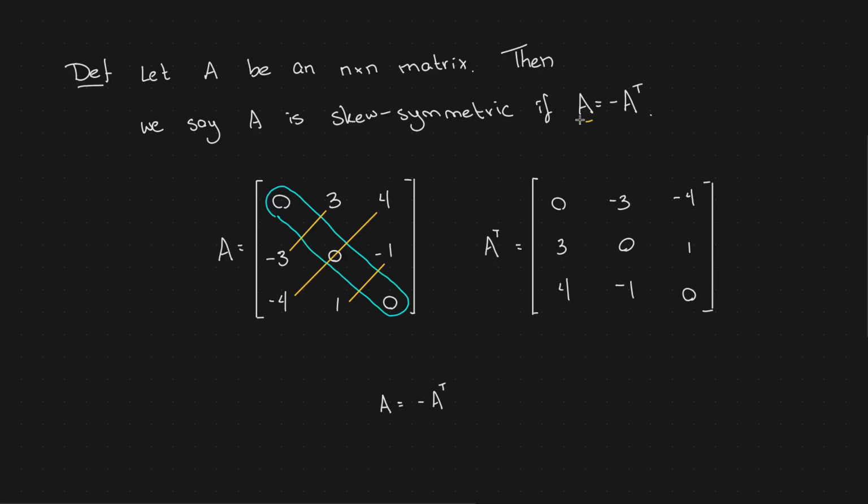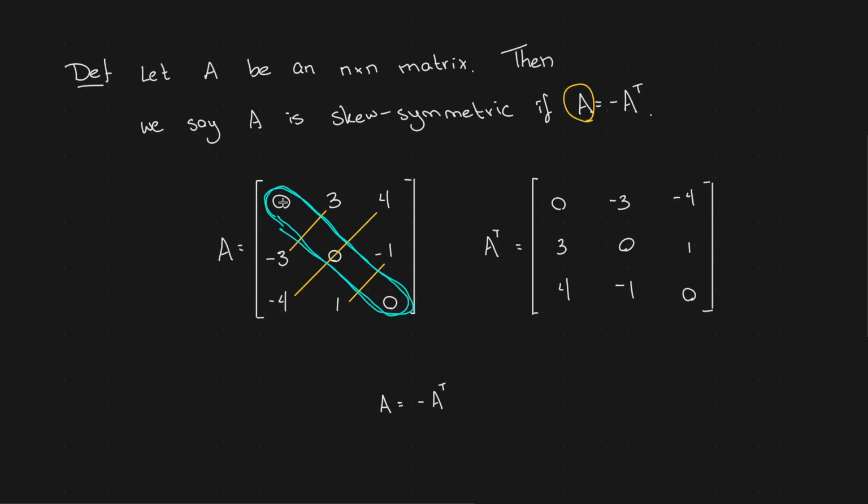Also notice that in order for A to be equal to negative A transpose, because the main diagonal is kind of at the center of the transpose operation, the center of the rotation, each value here stays fixed, right? So 0 stayed 0, this 0 stayed this 0, this 0 stayed this 0. So if we are going to flip signs, in order to do that along the main diagonal, it has to be 0.